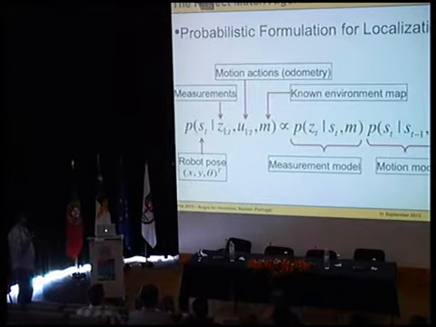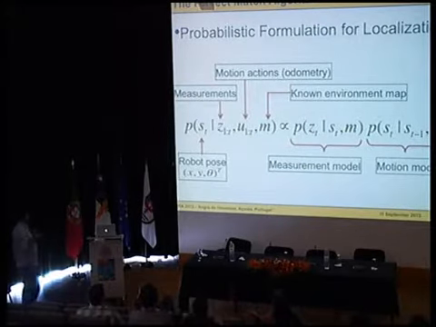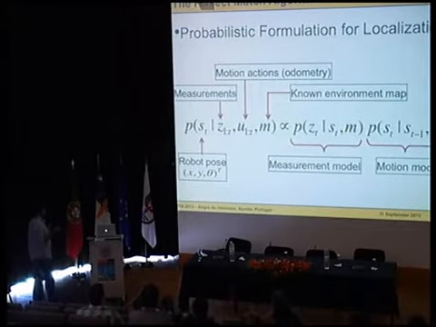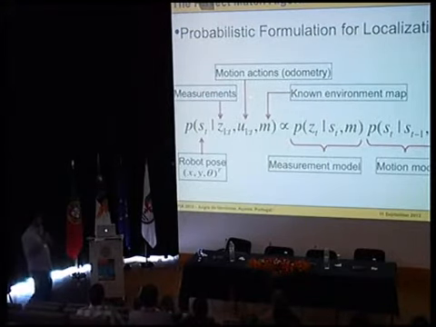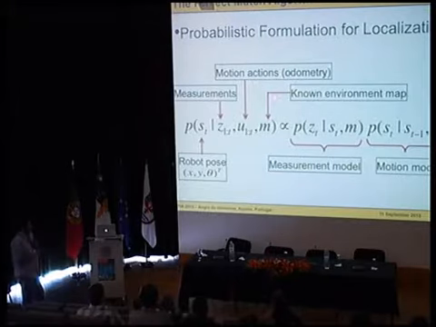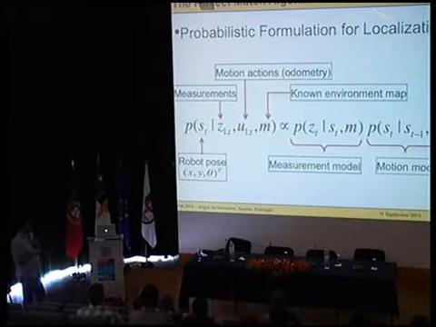So let's put the localization problem in a probabilistic framework. This says that the estimate of the robot pose, given its measurements, its motion action, and the map, is proportional to its measurement model times its motion model.